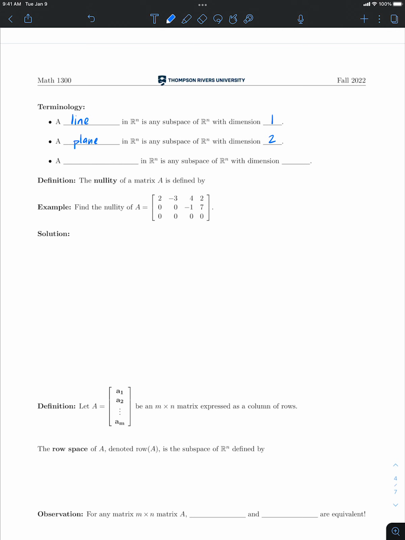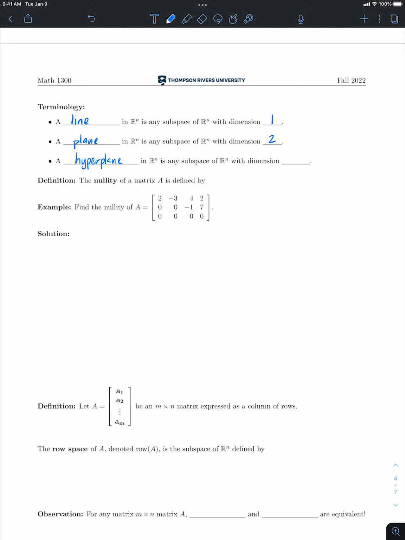And I just want to make a comment too. There's another type of subspace that you can define for any Rn, and that's referred to as a hyperplane. Hyperplanes are not particularly exciting until you get up to at least Rn for n greater than or equal to 4. That's the first time a hyperplane will give you anything other than simply a line or a plane.